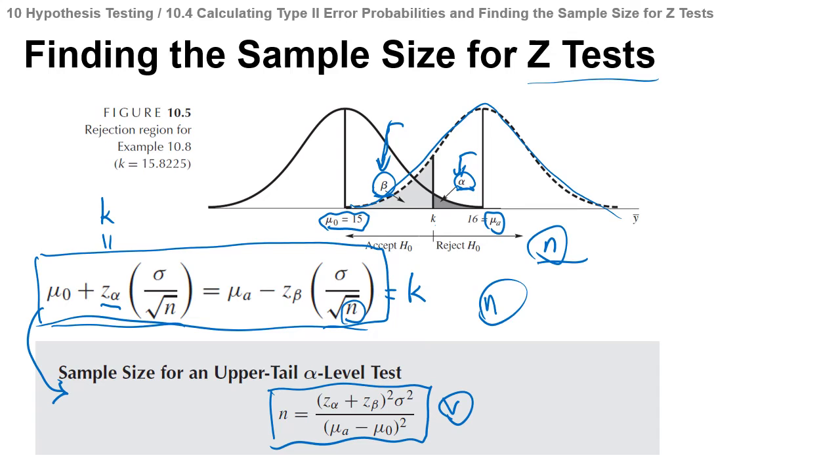Sometimes mu 0 is about y bar, sometimes it is about p hat, sometimes about y1 bar minus y2 bar, and sometimes p1 hat minus p2 hat. For any situation, you draw the graph and think about this kind of equation, then you can derive the equation for sample size n.